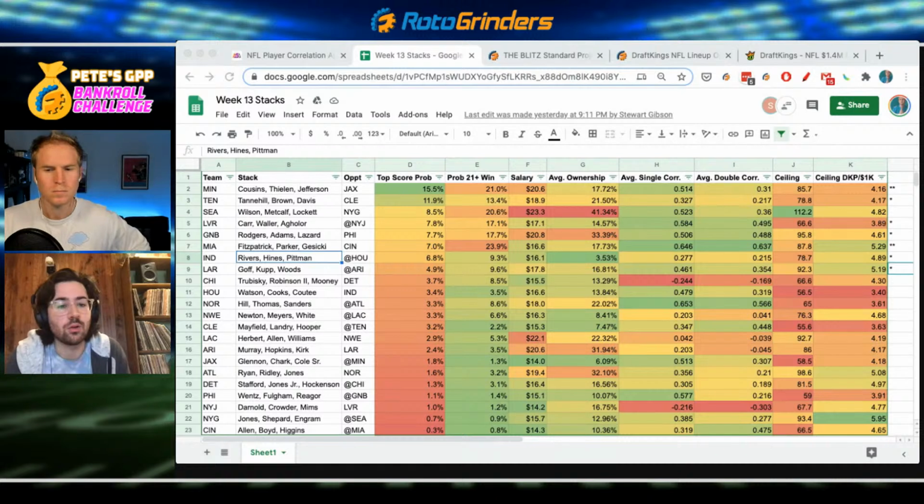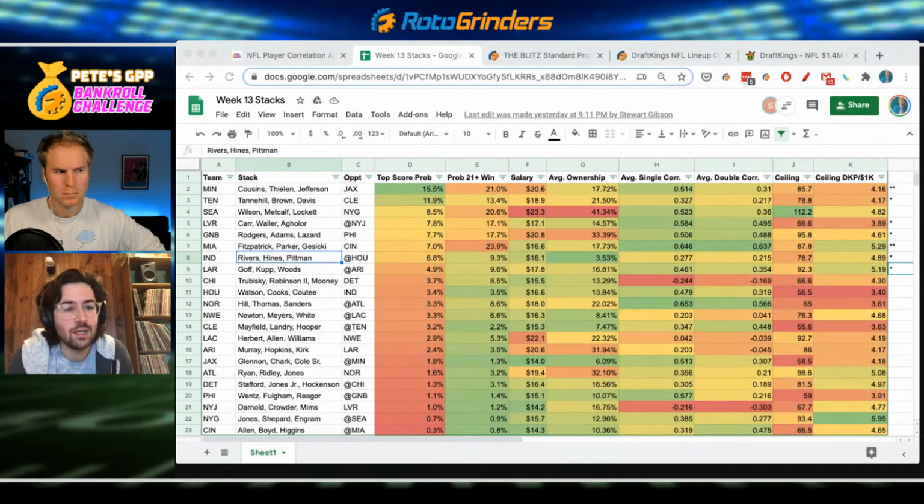But Derrick Henry has better correlative properties with Brown than Davis does. So even though it goes against what we think is normal for a stack, based on correlation, I might be more inclined to go Henry plus receiver plus Tannehill.